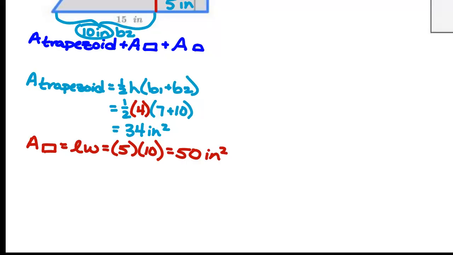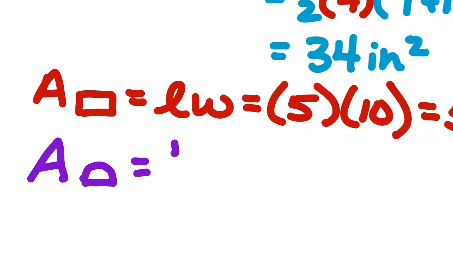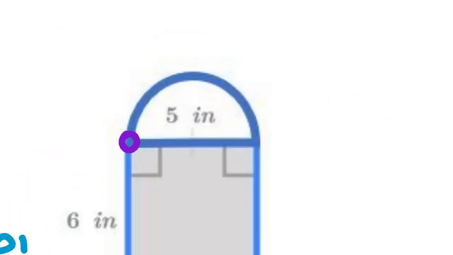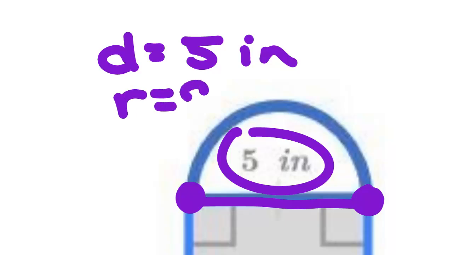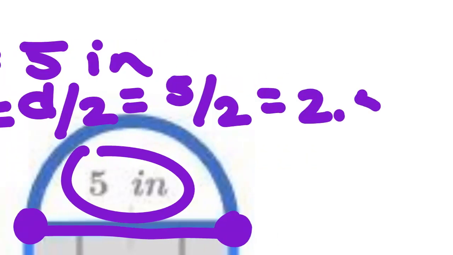All right. We need to find now the area of the semicircle. The area for a whole circle is pi r squared, so this is 1/2 pi r squared. I know the diameter from here over to here is 5 inches. The radius is equal to the diameter divided by 2, so 5 divided by 2, or 2.5.